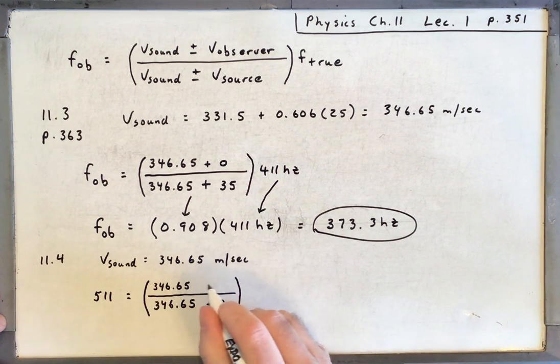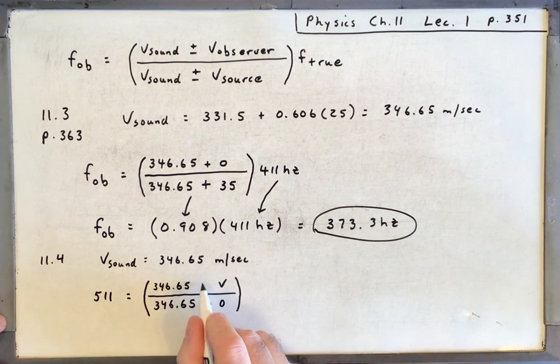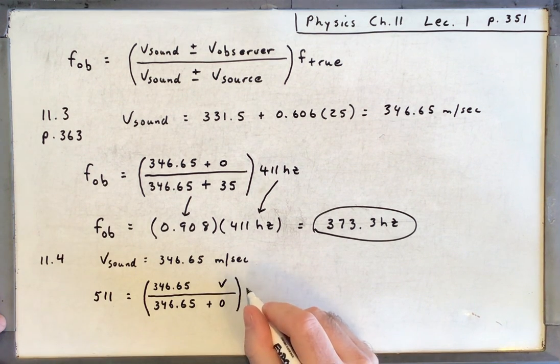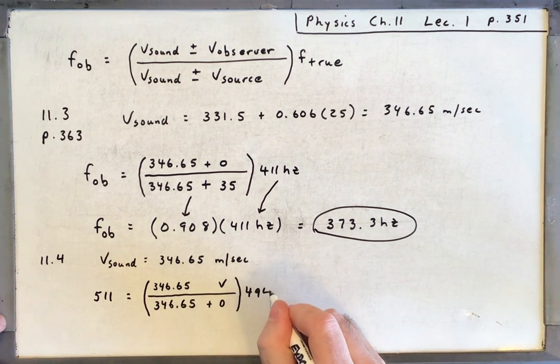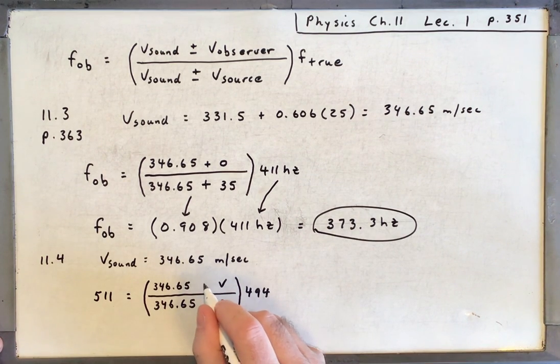So I just got to figure out the velocity. All right, the observer is moving. I got to figure out, is that a plus or a minus? We also know that the true frequency is 494. All right, in order to get a fraction that is greater than 1, because I know I'm going to multiply that fraction by 494 to get a bigger number, 511, then we're going to have a plus here.